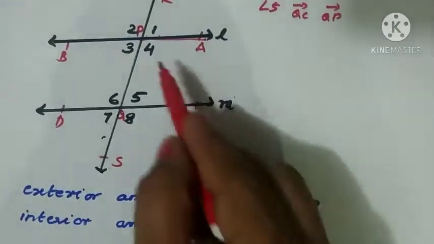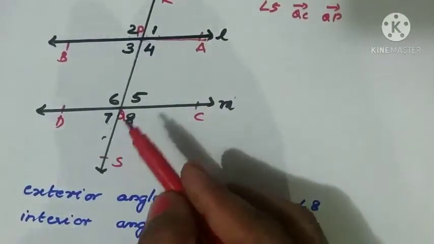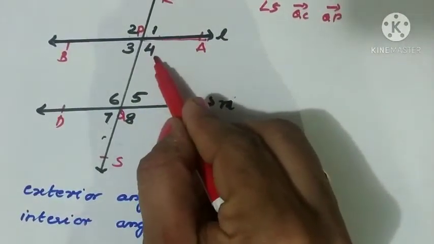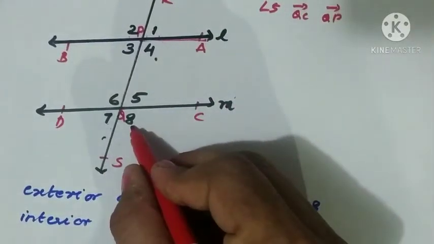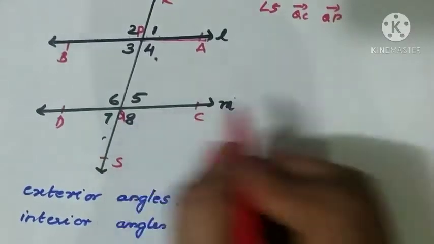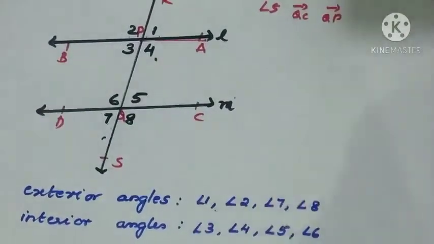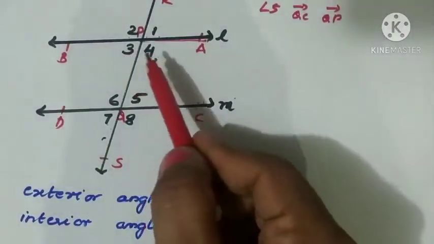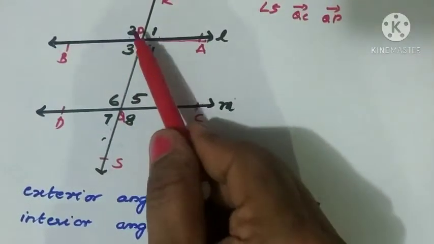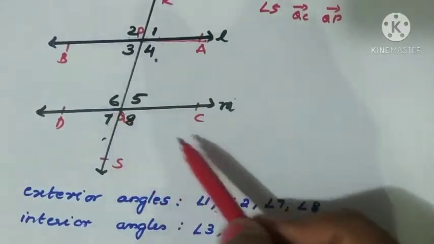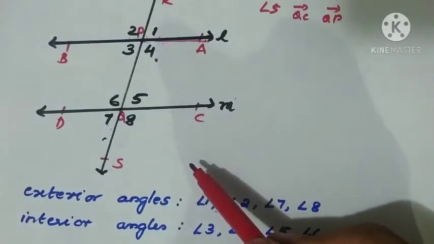Similarly, if you go for 4 and 8, angle 4 is below the first line, right, and on the right side of the transversal, but 8 is also below the second line and on the right side, the same place but with respect to the second line. Similarly, on the left side, angle 2 and angle 6 are corresponding angles only. How does this happen?